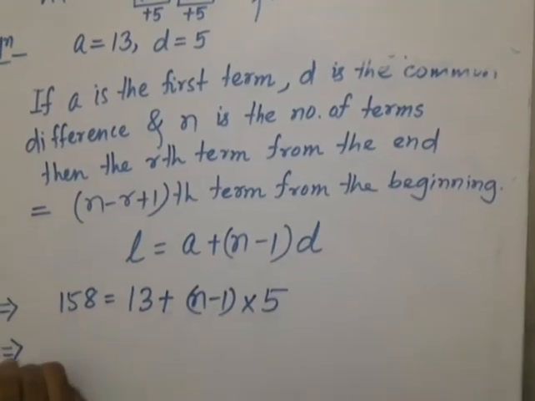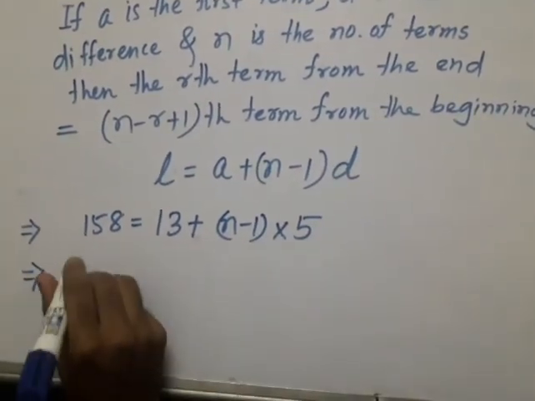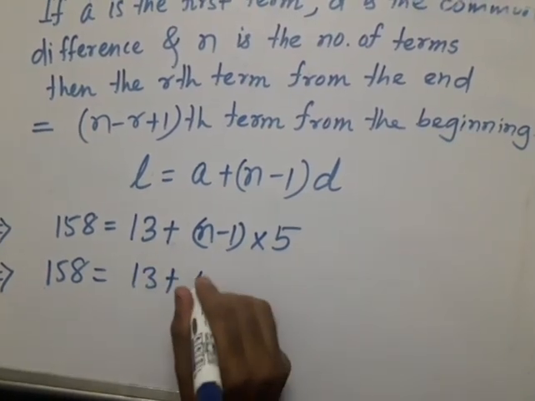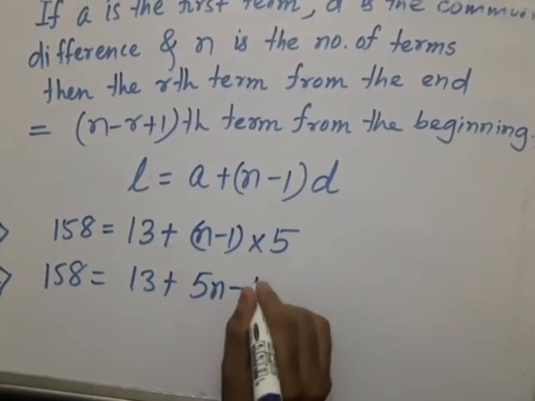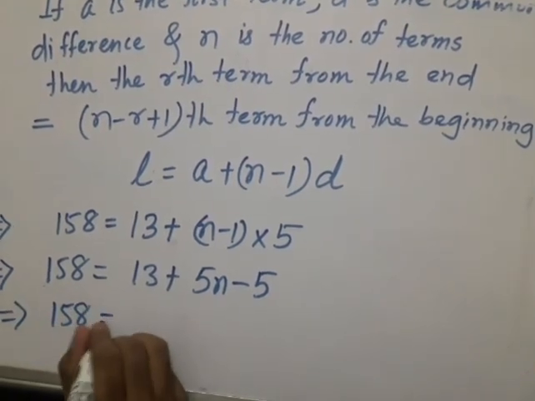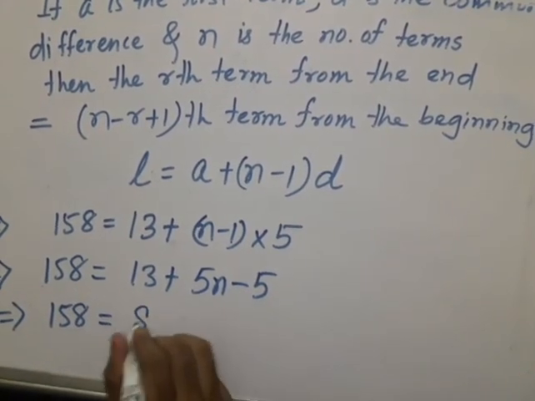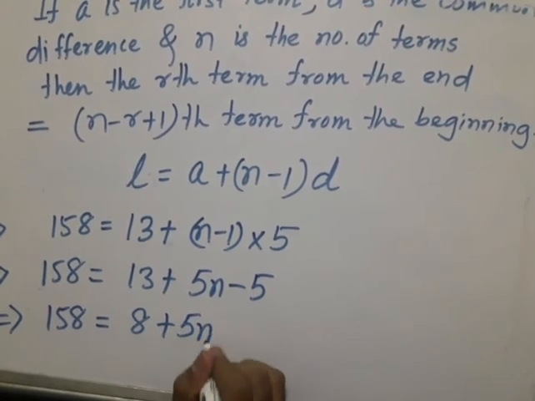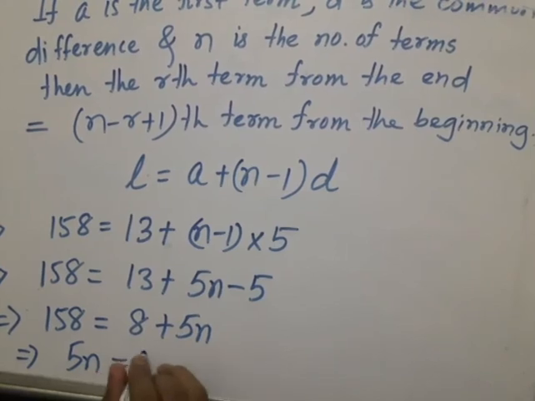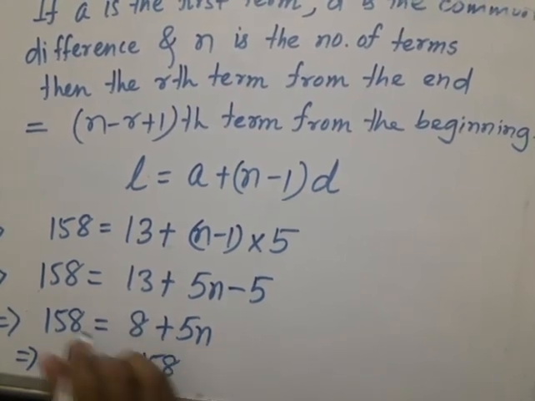So here we will solve this. 158 is equal to 13 plus 5 times n, which is 5n minus 5, which implies 158 is equal to 13 minus 5, which is 8, plus 5n. So 5n is equal to 158 minus 8.